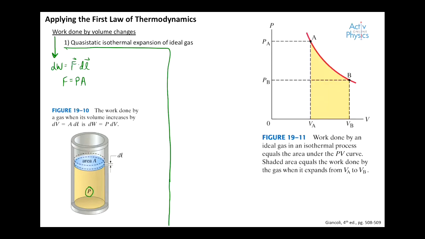So we can take this and plug it into the equation above to re-express the work equation in terms of pressure, and therefore we're dealing with a gas instead of a discrete force, all right? So let's rewrite that as pressure times area times dl. And then what is the area times a little bit of distance? Sounds a whole lot like volume, right?